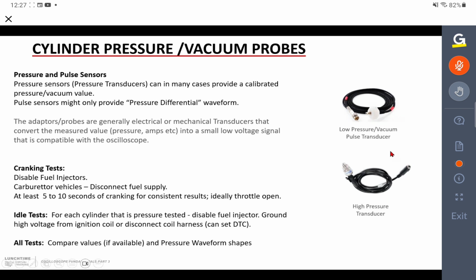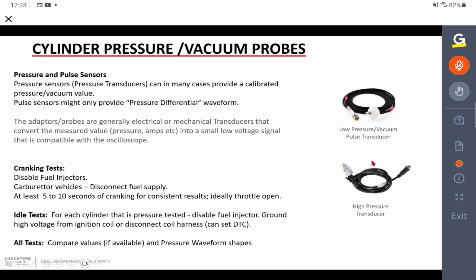Now, with some of the aftermarket pressure transducers, you may not be able to get an exact calibrated pressure value. It will give you a voltage value. Sometimes they will actually say a certain voltage equals a certain pressure. So 1 volt on your oscilloscope could equal 10 psi, 100 psi, or whatever.